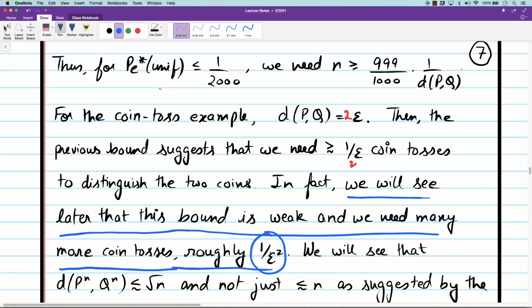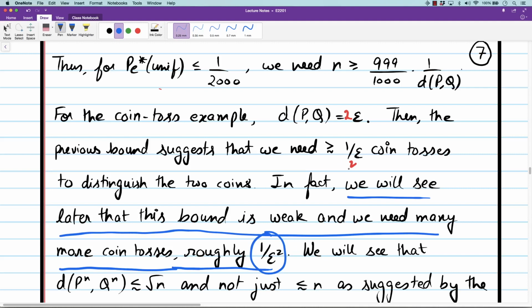So just to appreciate the difference between 1 by epsilon and 1 by epsilon square: remember that our nominal choice of epsilon was 0.01, so we were looking at whether the coin has bias 0.51 or 0.49. For that, 1 by epsilon says you need roughly 100 coin tosses, whereas 1 by epsilon square says you actually need 10,000 coin tosses, which is much bigger than 100. So this is an order-wise difference.